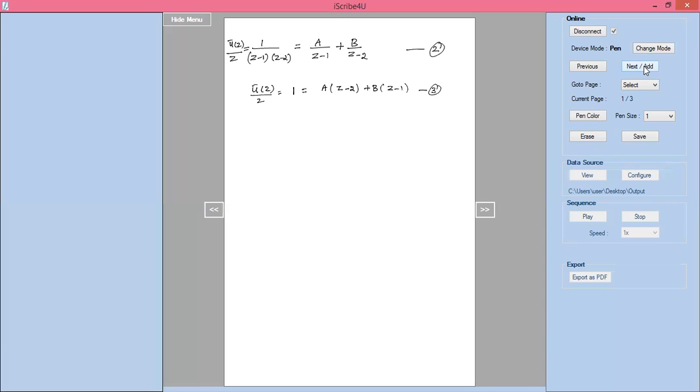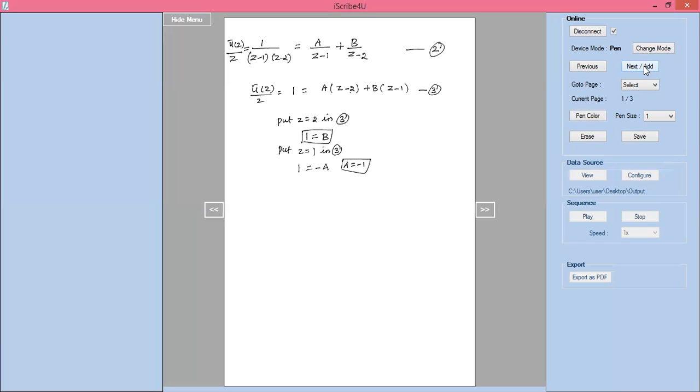Now here put z equal to 2 in equation 3. Z equal to 2 means the a term should be 0, and 2 minus 1 should be 1. So b equal to 1. Next, put z equal to 1 in equation 3. 1 minus 1 should be 0, and 1 minus 2 is minus 1, so minus a equal to minus 1.